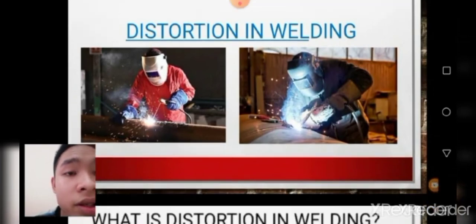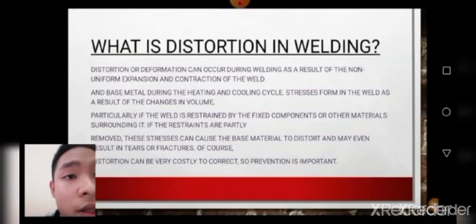Distortion in welding. What is distortion in welding? Distortion or deformation can arise during welding as a result of the non-uniform expansion and contraction of the weld and base metal during the heating and cooling cycle.